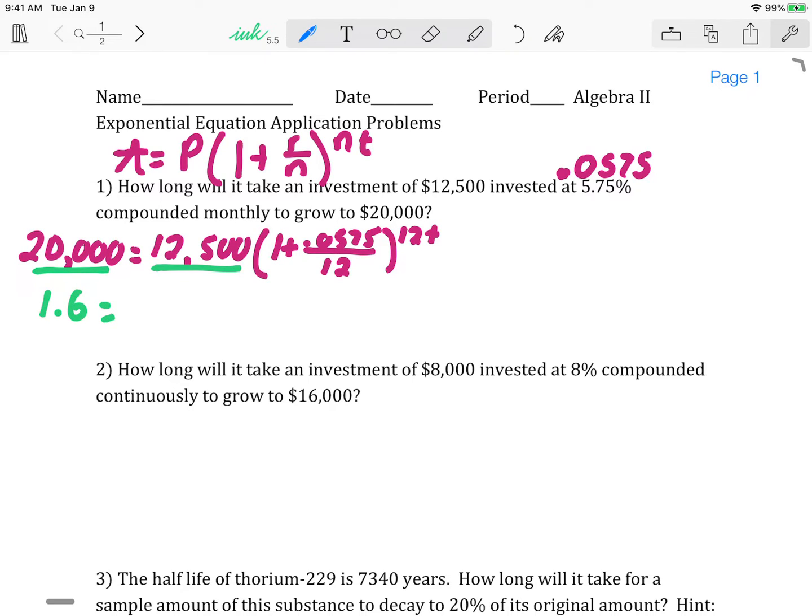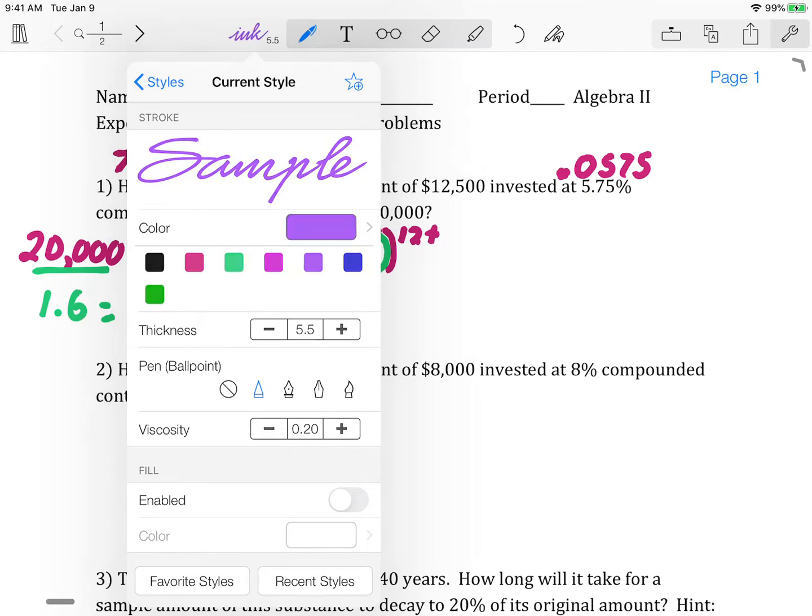And I'm also going to put this part into my calculator, and when I put that into my calculator, I get 1.00479 to the 12t. All right, well, now I have t stuck up in that exponent. So how do I get it out of there?